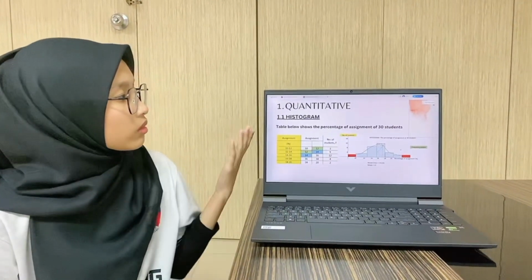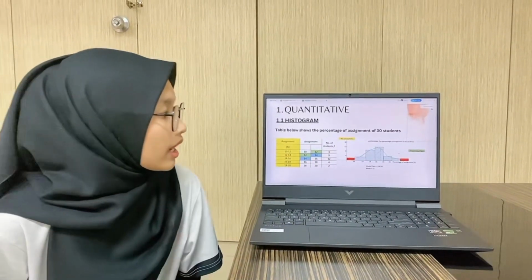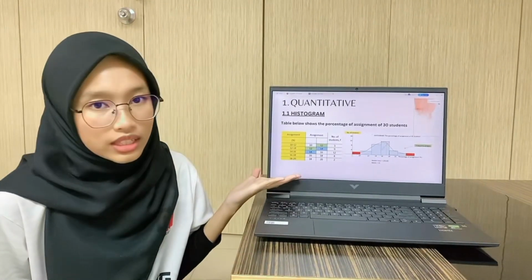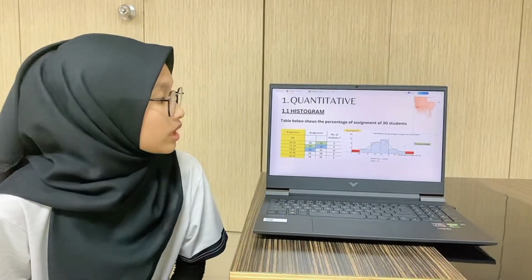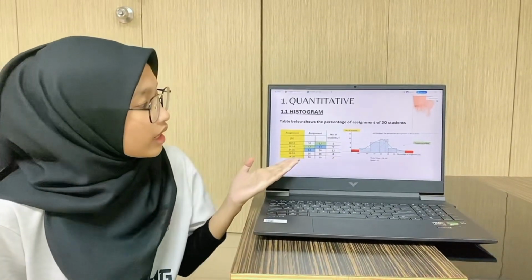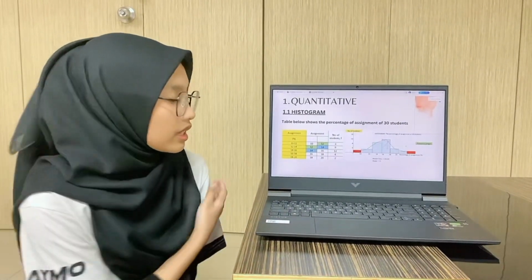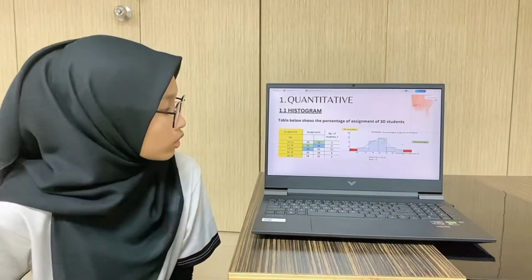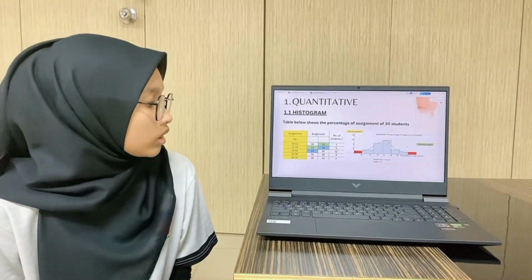So for the first slide, we got quantitative histogram. As the table below shows the percentage of assignment of 30 students. So here in the table, we got assignment percentage, assignment and number of students. For assignment percentage, we choose 10% until 20%.